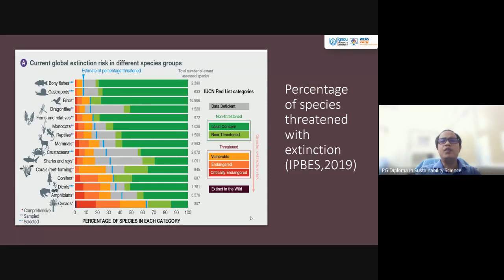Many more must exist beyond this. The data may be more alarming than this, right? So they have studied different species, their level of global extinction risk, like bony fishes, gastropods, birds, dragonflies. How many dragonflies, how many birds are in the different categories? This is explained here, right?